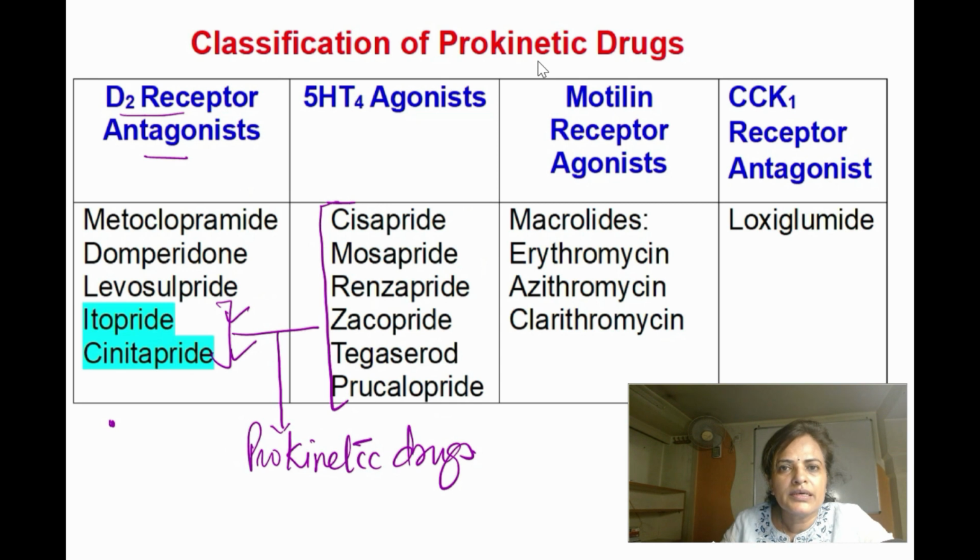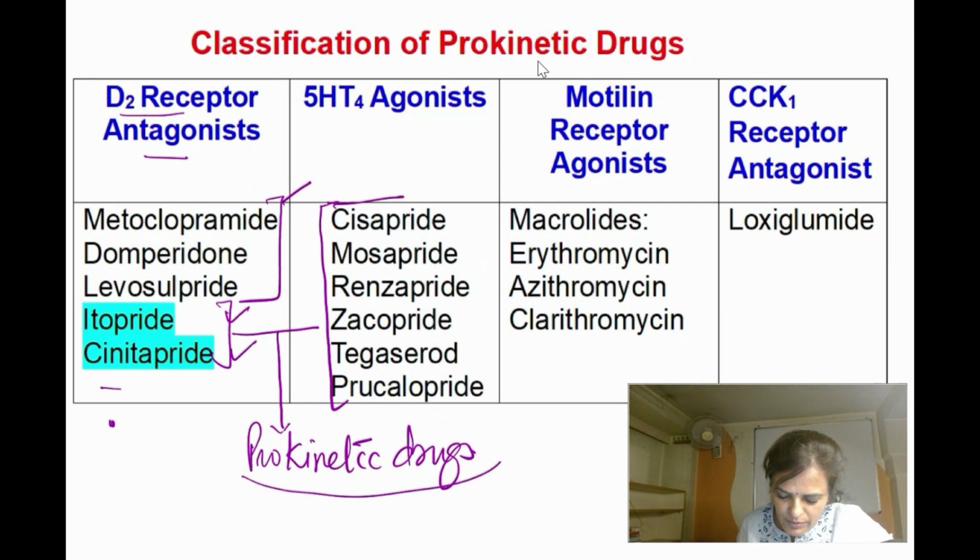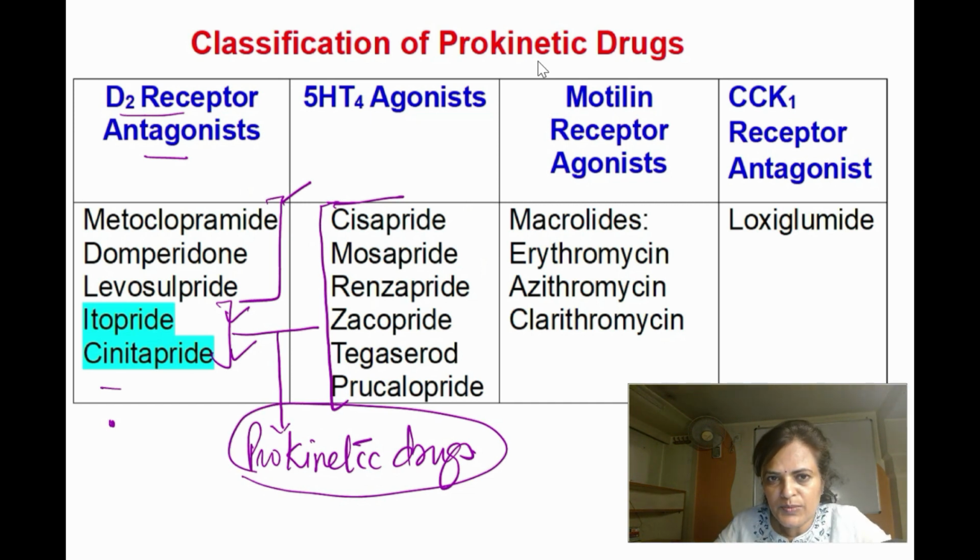They do not exert dual action, just like these three, which show antiemetic as well as prokinetic action, whereas this group of drugs shows only prokinetic action. So I will be taking this one in my next video.